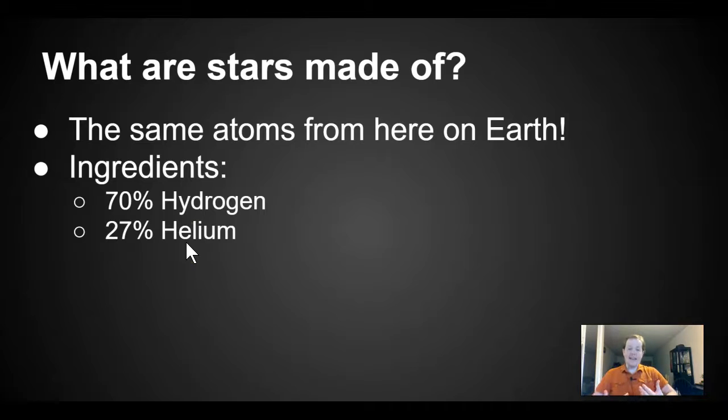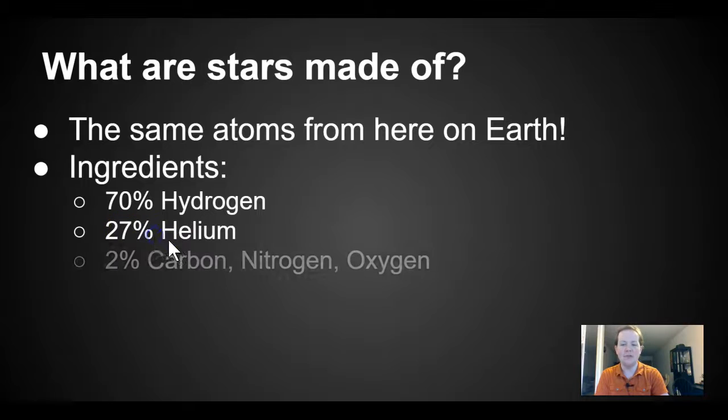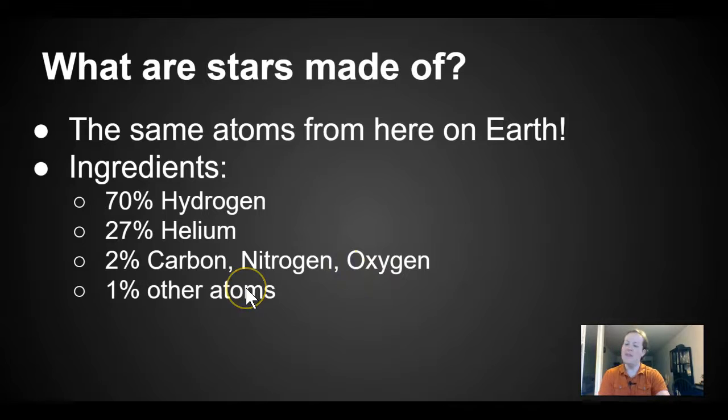You ever breathe in a balloon and then your voice is all high because of helium? Oh, stars are made of 27% helium. And then a little bit of carbon. Have you heard of carbon? Nitrogen and oxygen. Nitrogen and oxygen, that's the same atoms that are in our air. And then 1% of other atoms. But it's the same material here on Earth.